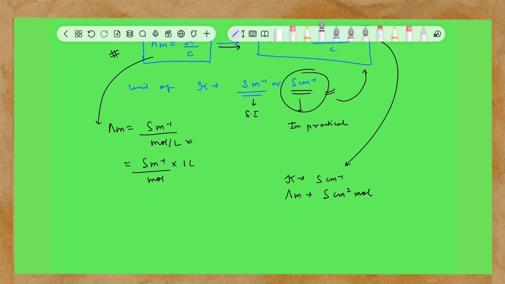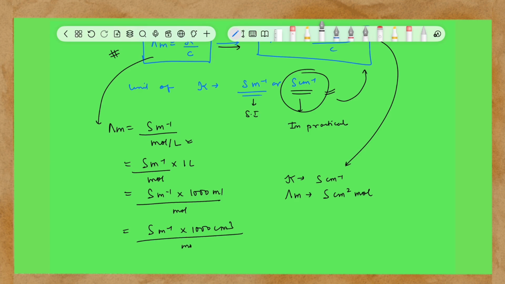So by further solving, we have to change this 1 liter to ml to match the units, but it is not in the same unit as meter, so we have to change it into centimeter cube.